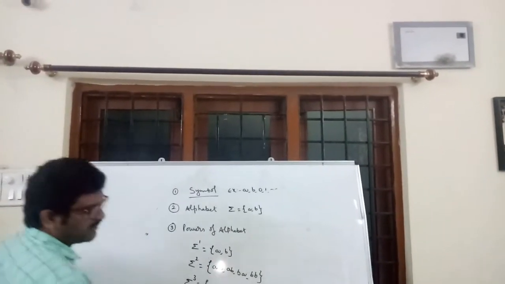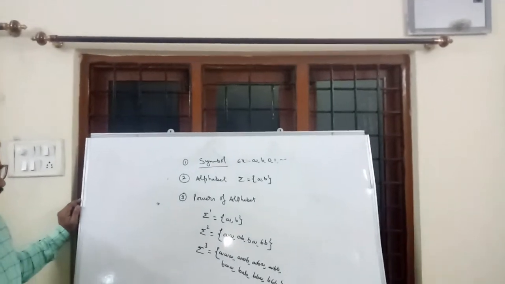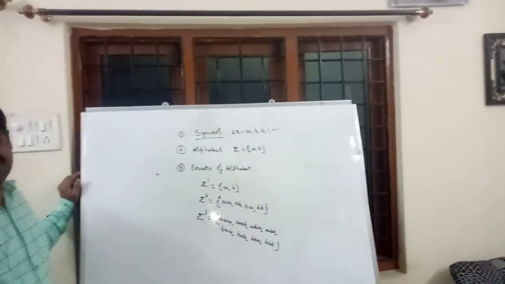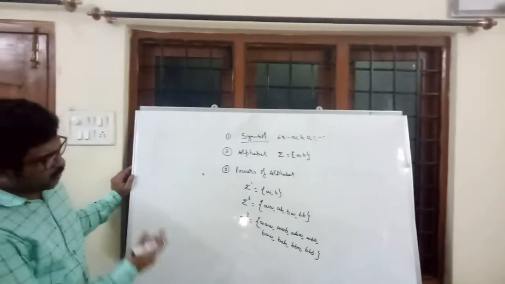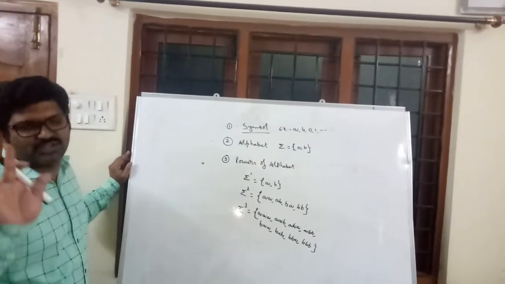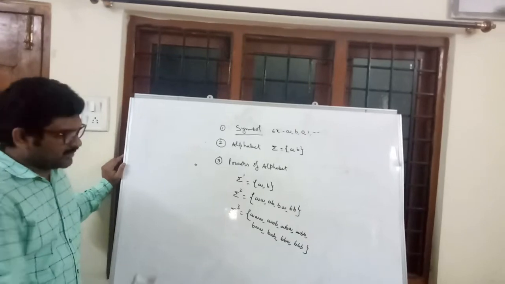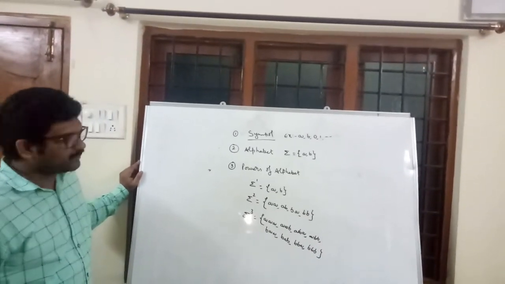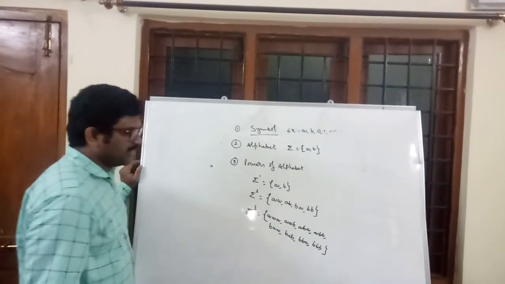These are my 8 strings. As I said, length 3 and 2 symbols, that's the reason you will get 2 power 3. And so on. If you continue like that, sigma power 4, you will get 16 strings. So all these are powers.